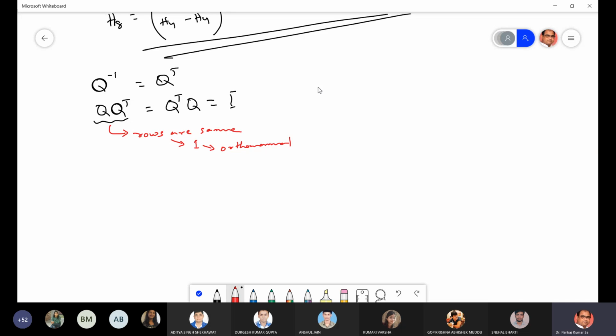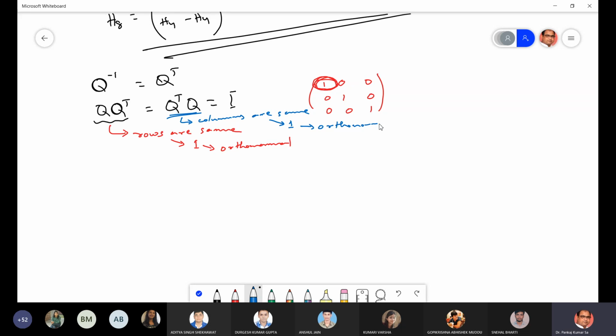What do you mean by rows are the same actually? The identity matrix is nothing but this. So when do you get this value? The rows are the same, right? And here in this case, the columns are the same. So this results in 1, which is nothing but orthonormal.